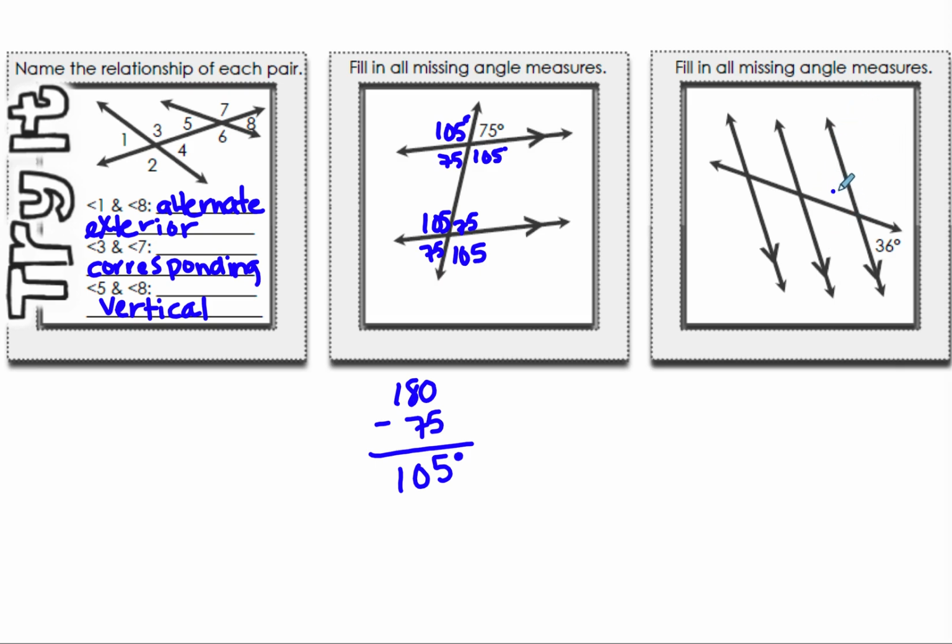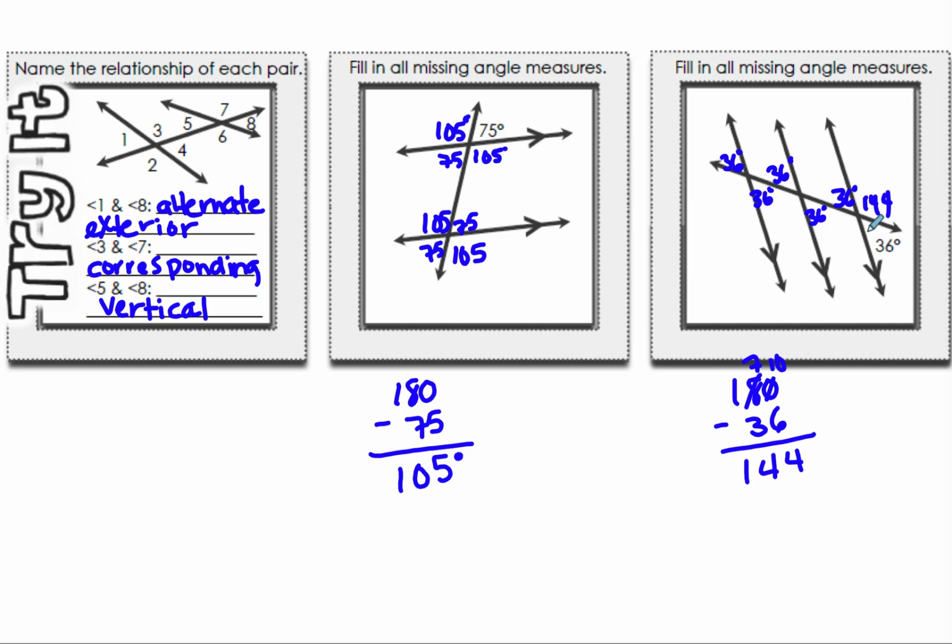All right, let's try it. So we should have 36 degrees in each of these angles that look acute. Then we have to do 180 subtract 36. 10 minus 6 is 4, 7 minus 3 is 4, 1, bring it down, 144.